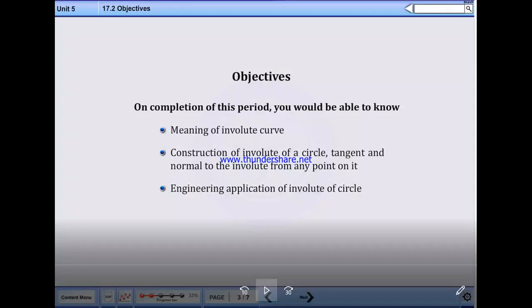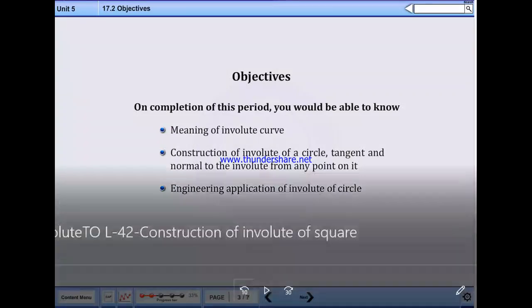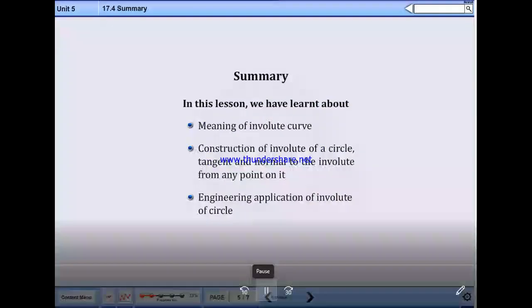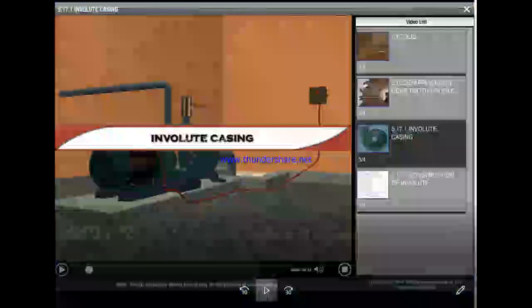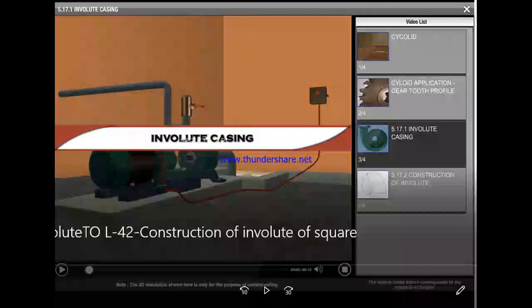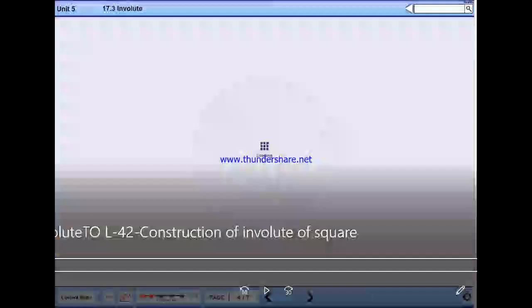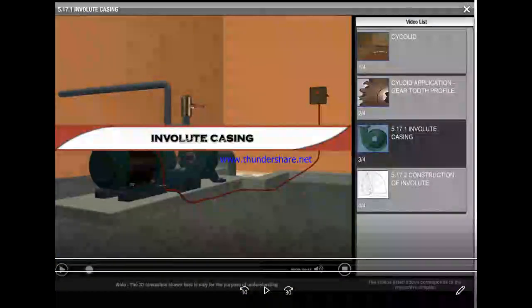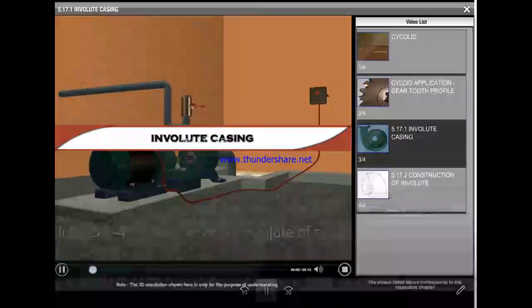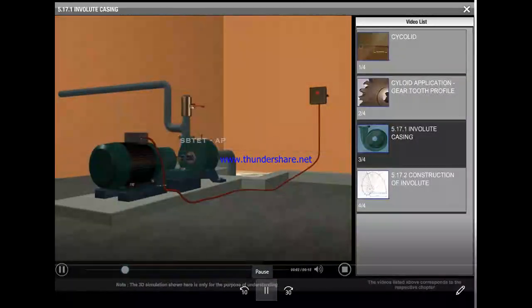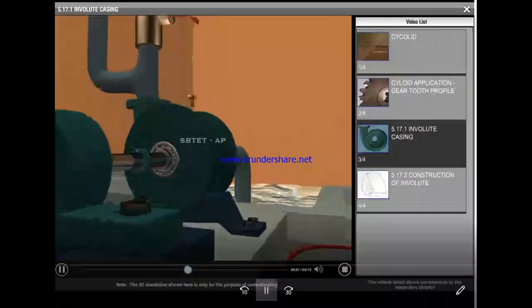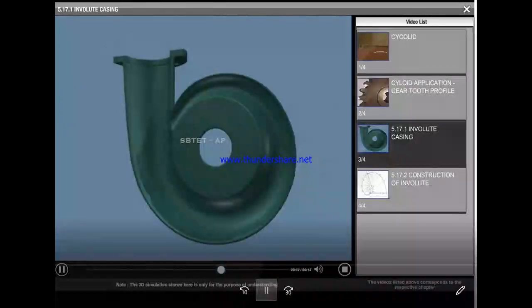After that, engineering applications of involute, such as involute casings. The curve involute finds application in the design of involute casings.